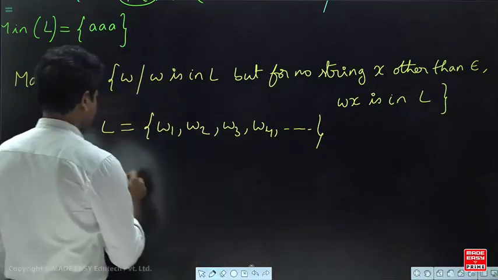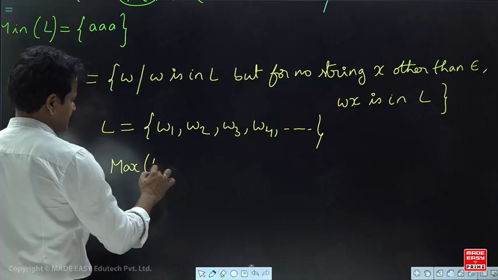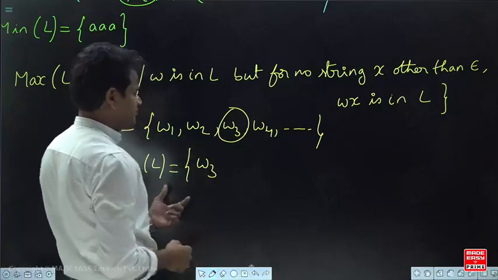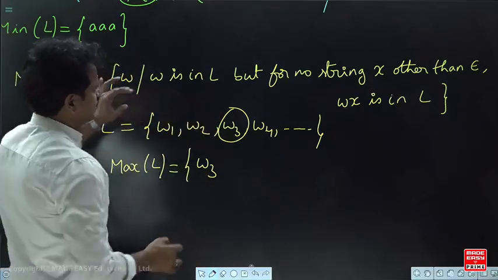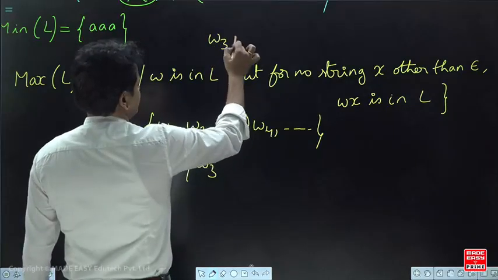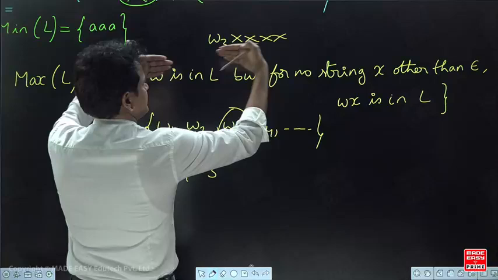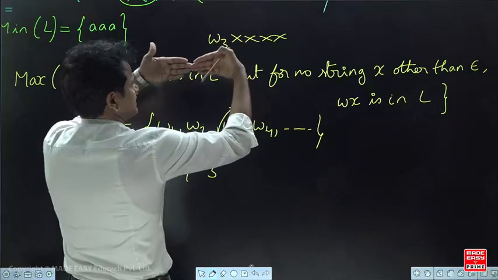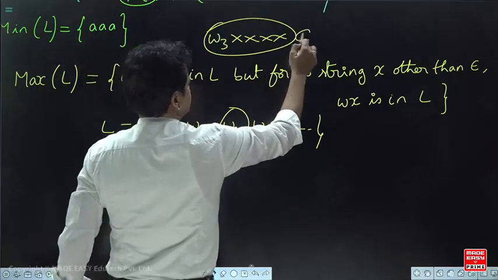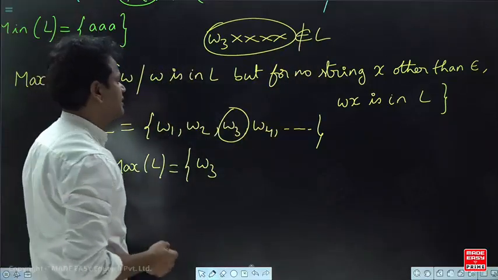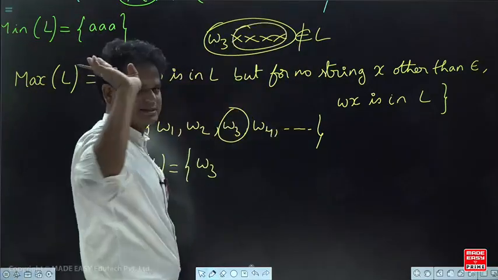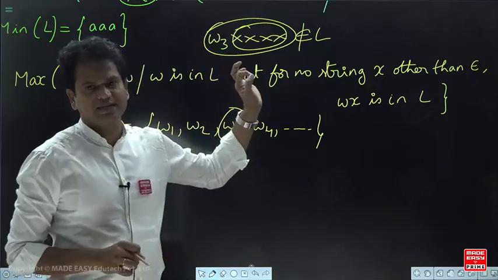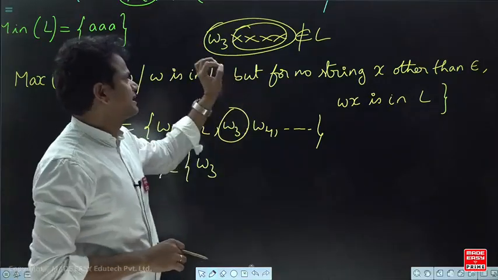I can take W3 in maximum of L when, for this string W3, whatever X you attach, the concatenation W3 followed by X should not be in L. Only it can be W3.